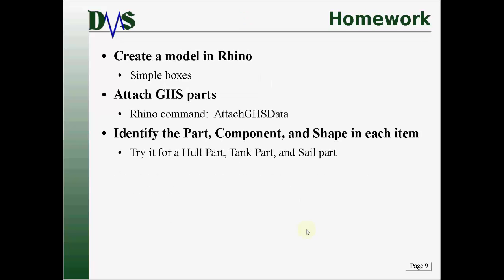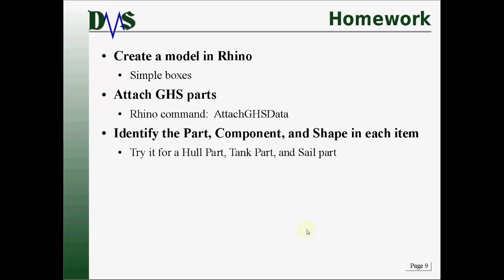Okay, time for a little bit of homework to exercise that knowledge. I want you to create a model in Rhino with just simple boxes, and you're going to use the command attach GHS data to attach those parts. And this is really useful in Rhino if you have it available, because Rhino has the structure of parts and hulls and tanks and sails already built into it.